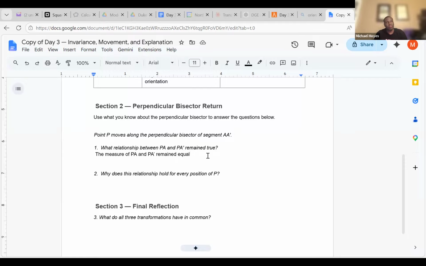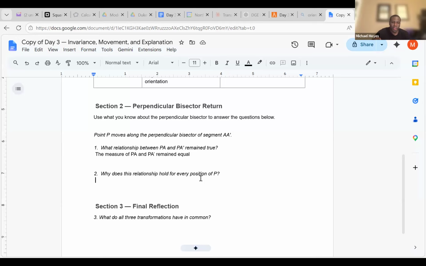You would probably have to come back across to where the segment A prime intersects the line of reflection to get a second ray, and start using the perpendicular bisector as the other leg of your angle. So we'll leave that one, or we can add something different.